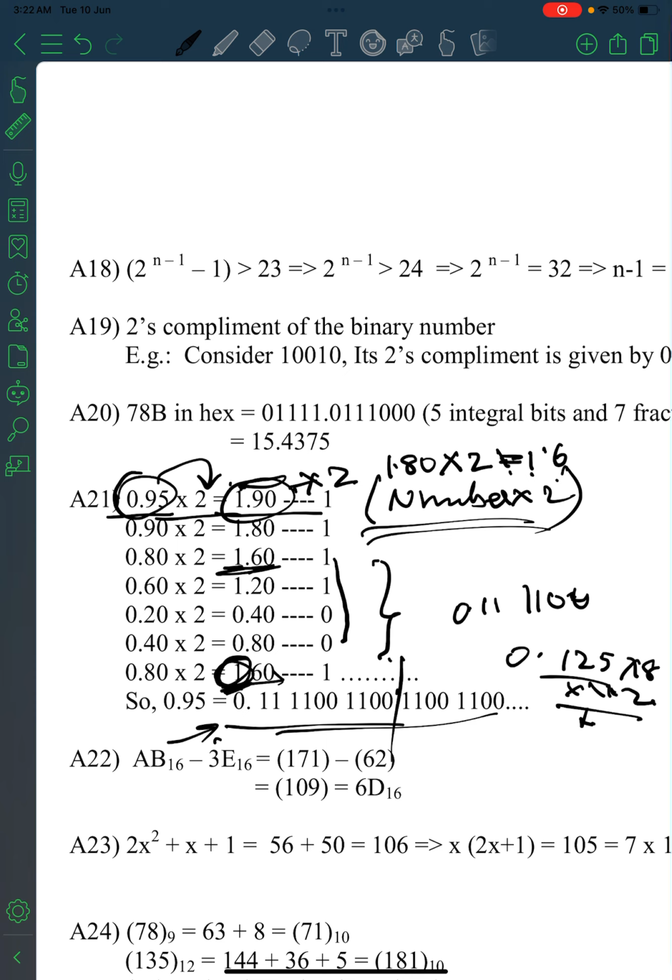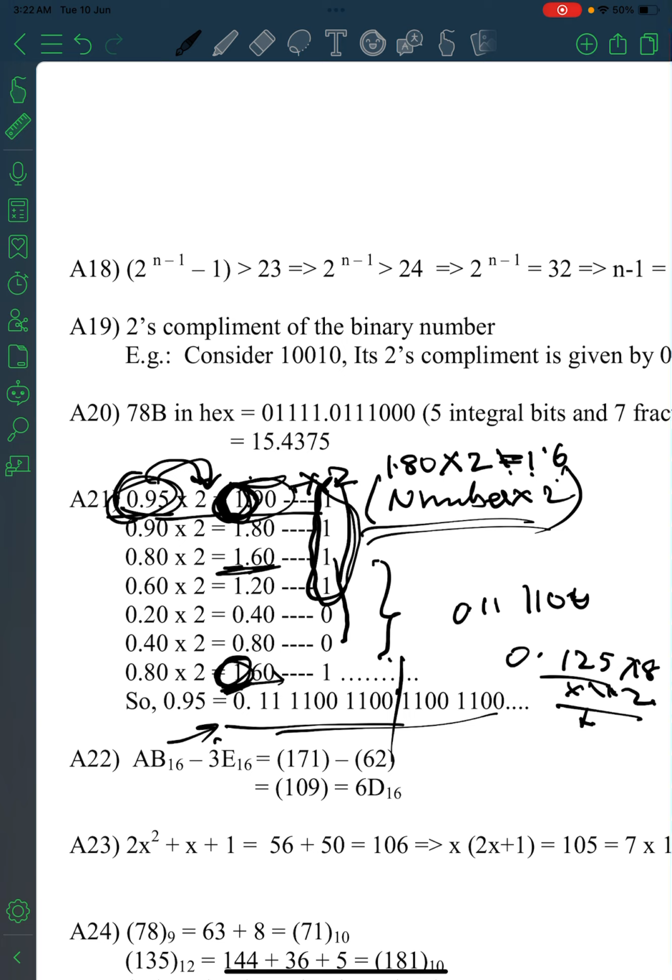I actually forgot to say how you get this. Here we take the fractional part times two, and if the value is greater than or equal to 1, then the bit is 1 for that particular step. So for 0.95, you get 1.90, kick out the 1 and you get 0.90. 0.90 multiplied by 2 gives 1.80, so we get 1 there. Kick out the 1 and multiply 0.80 by 2, you get 1.60. Kick out the 1 and you get 0.60. Multiplied by 2, you get 1.20.